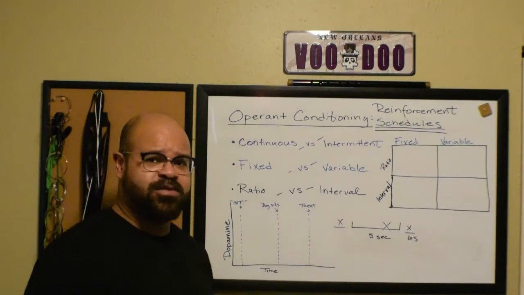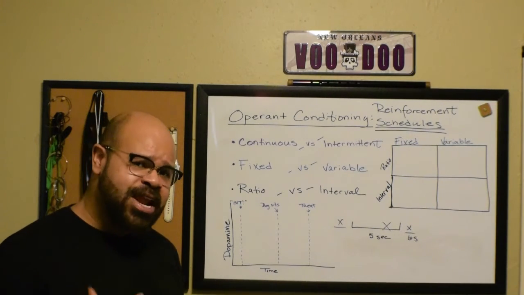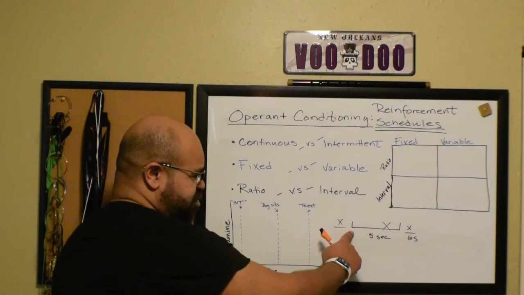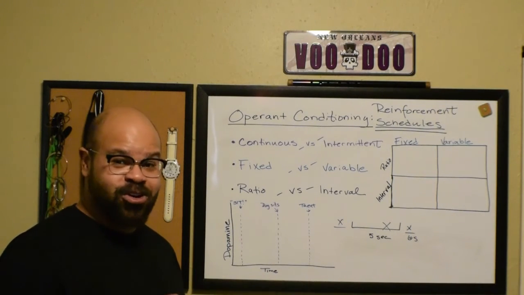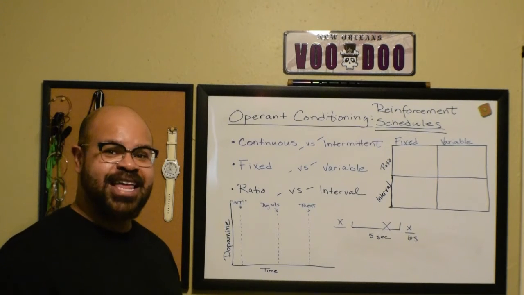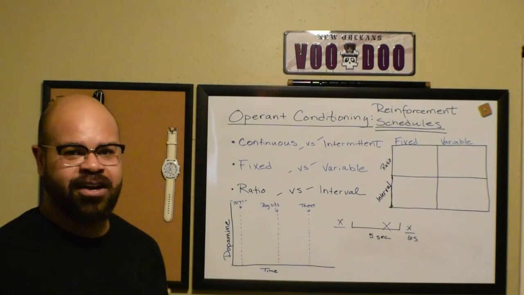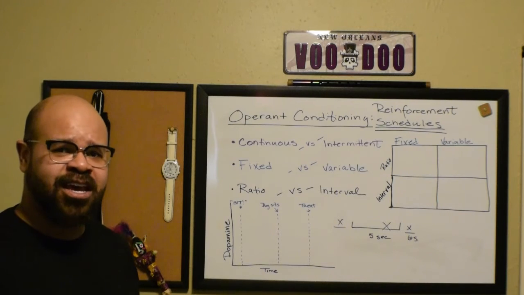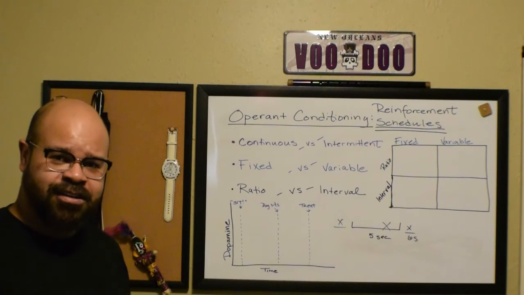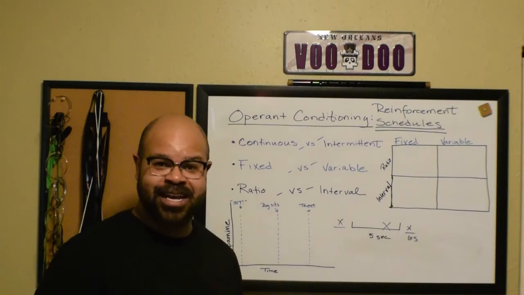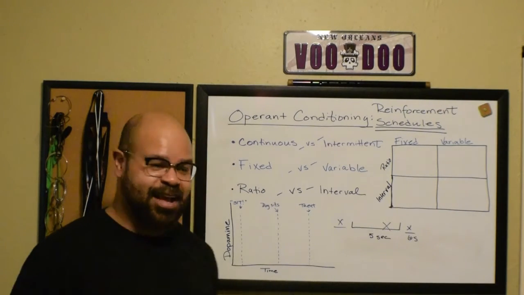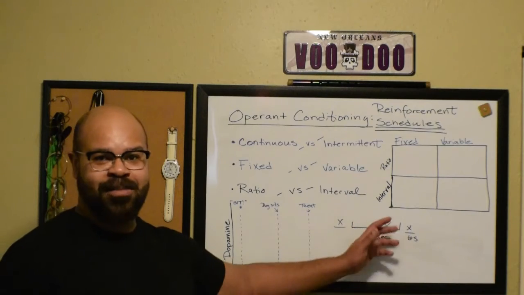And again, that's different from the ratio schedule, where theoretically, if I ask my dog to sit, I'm just going to wait until he does it or doesn't do it, right? And then I'm going to move on to the next trial. I'm not going to necessarily say, well, you've got 5 seconds to sit. No, I'm just going to give him however long he takes, or if I just know he's not going to do it, then I move on to the next thing. I might just say sit again, or I might try a different trick.